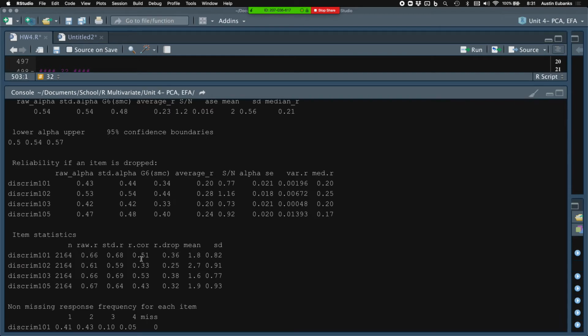So if you look at the correlation between Descrim 101 and the score that was computed based on averaging across all four of these, so their overall Descrim factor score, what's the correlation between their individual variable score and the factor score that was computed? So once again, you would think that these should be pretty highly correlated if it's a good, reliable scale.